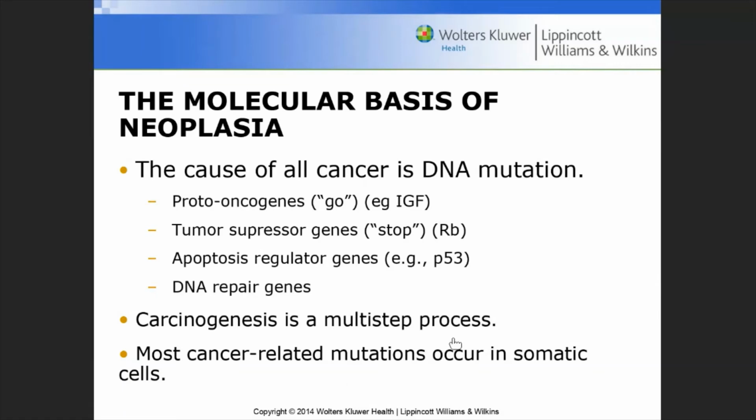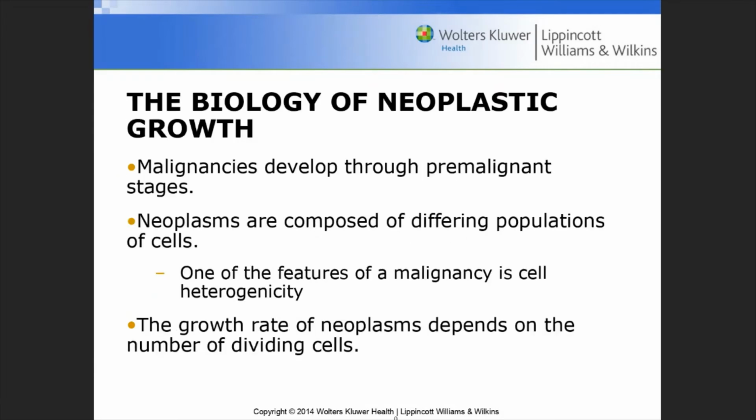So most cancer-related mutations occur somatically. Okay, somatic cells, meaning not germ cells, and so malignant disease develops through a pre-malignant state. Okay. And that pre-malignant stage, we can say, is a benign state, if you will. So a typical carcinogenesis, I kind of told you already. This is also good to know.